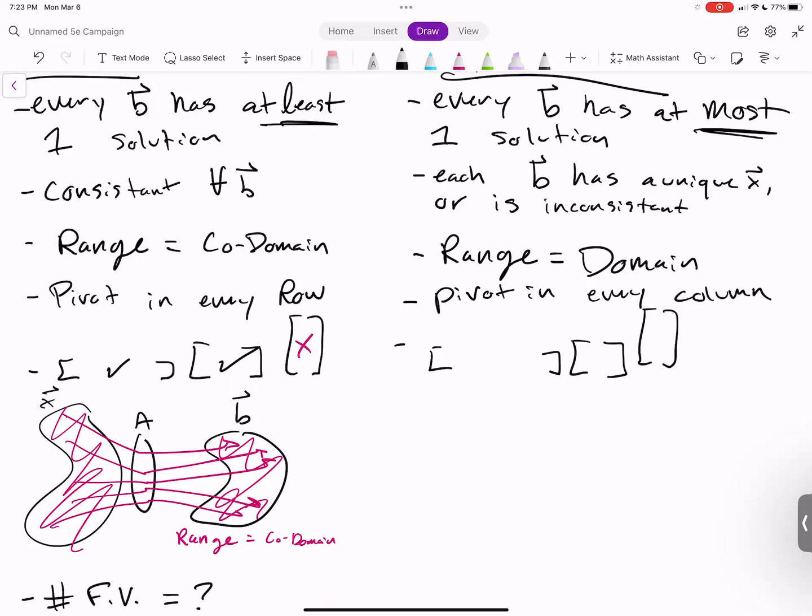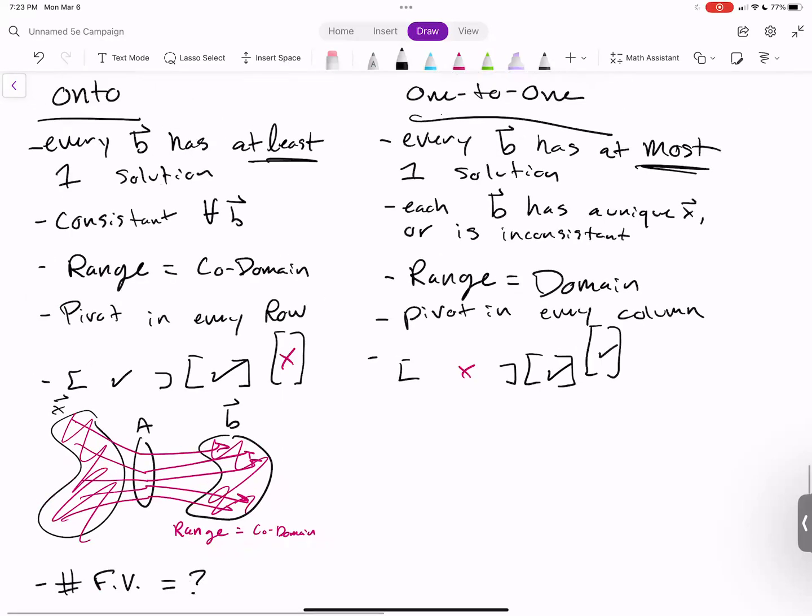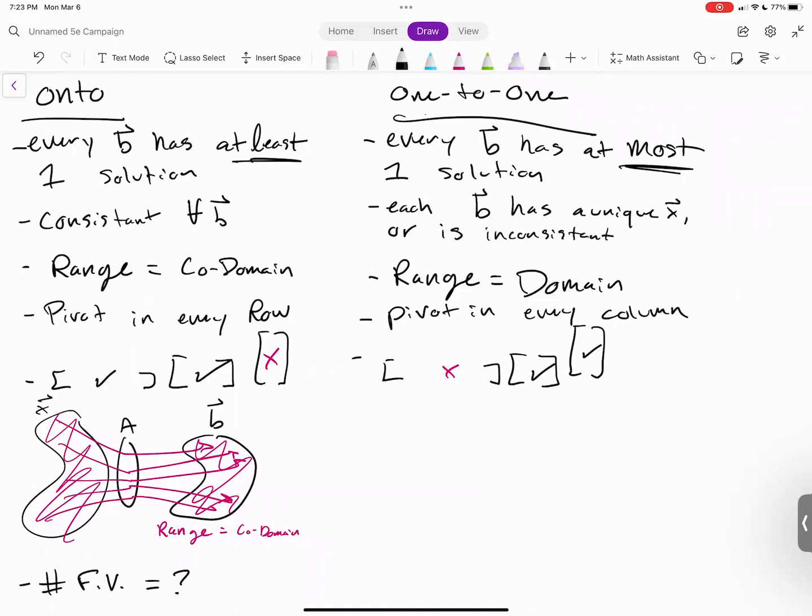Can something that's wide have a pivot in every column? No. Can something that's square? Can something that's tall? What's the only case where we can have both? Square, okay? So if we know it's square, we don't know if it's onto or one-to-one just off the bat, okay?